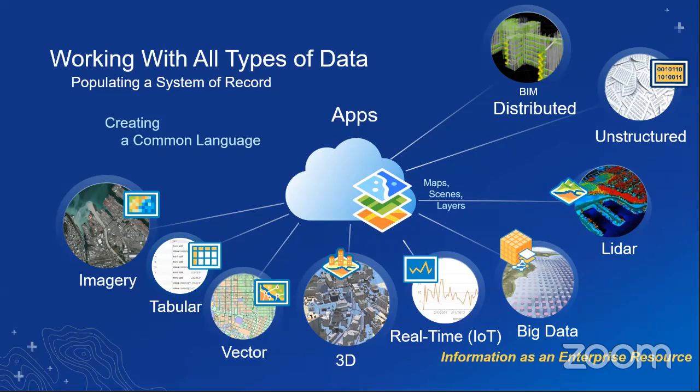So we deal with imagery data, we deal with tabular data, vector data, geometry, shapes. We deal with the 3D as well. There's a lot of work done by Esri on the 3D component.